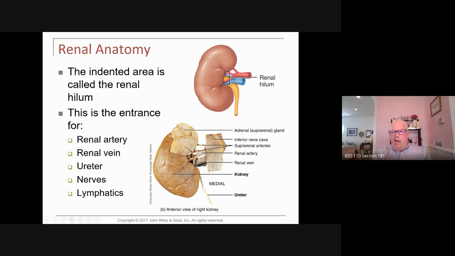Out of the hilum comes the renal artery, the renal vein, and the ureter. Those are the three important things that come out of the hilum. Yes, there are others, nerves and lymphatics, but the important things that come out of the hilum are the ureter, the renal vein, and the renal artery.